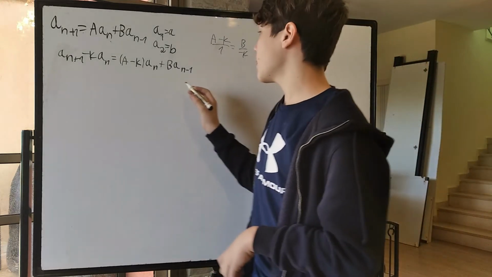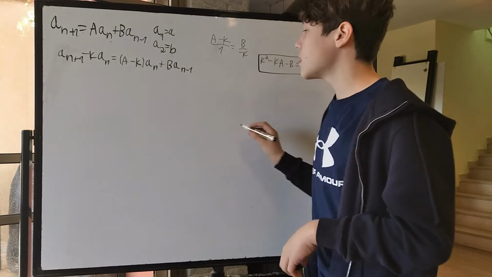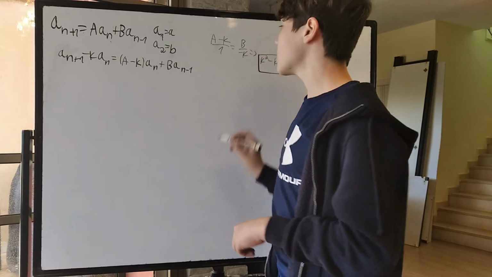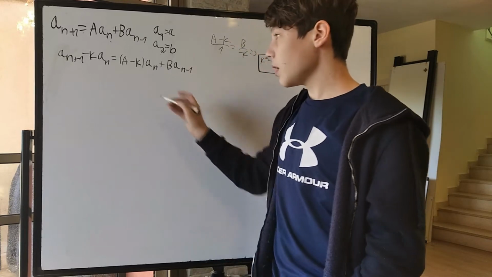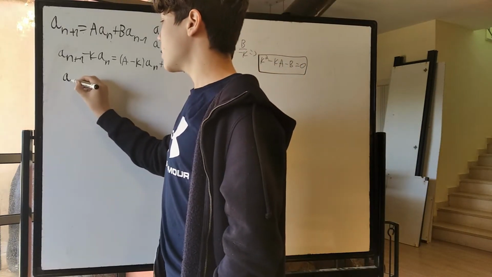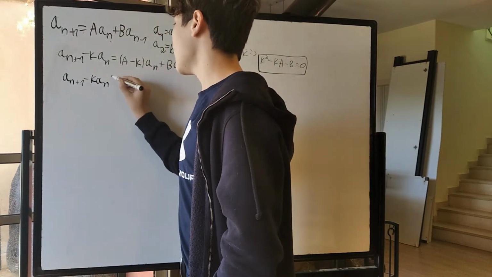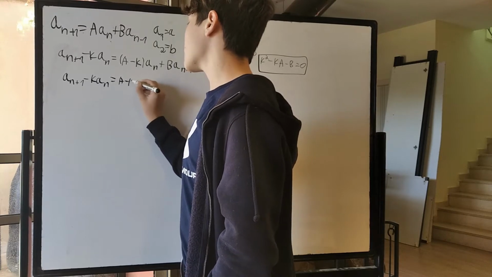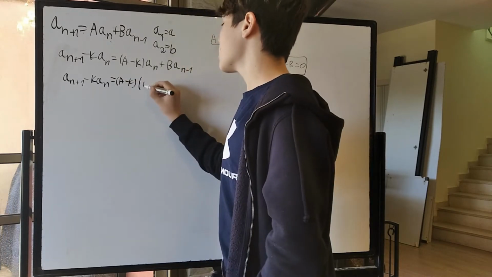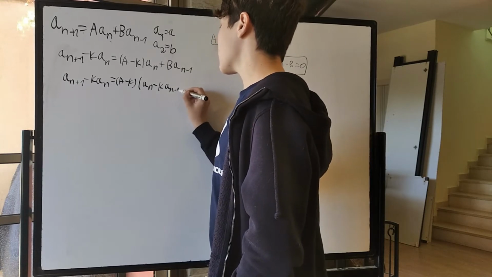Now that we know k holds this property, let's put it in. I'll take A minus k out of this. So, a(n+1) minus k a(n), I'll take A minus k out to get (A minus k) times a(n) minus k a(n-1).